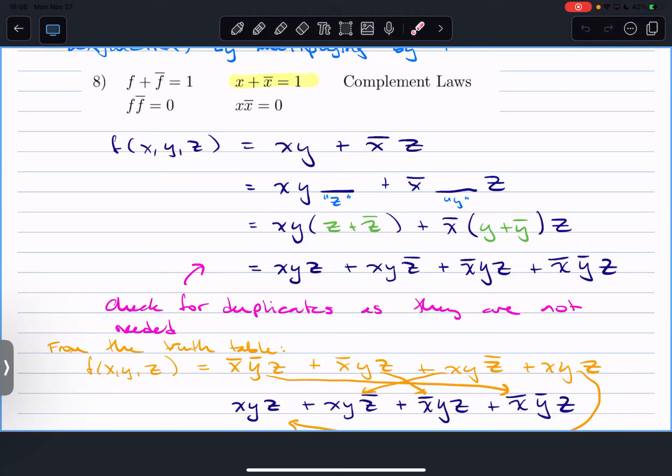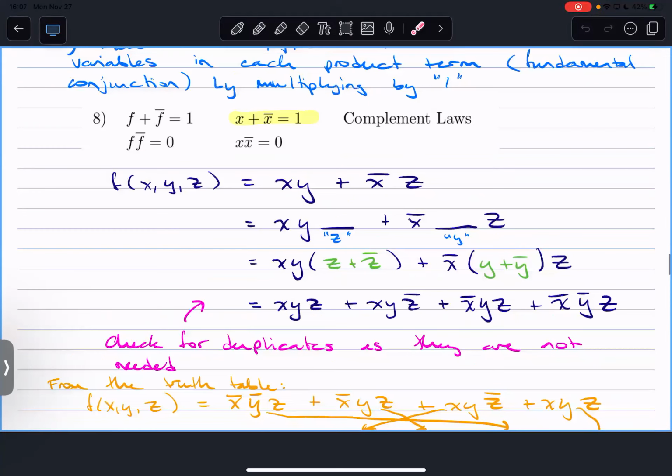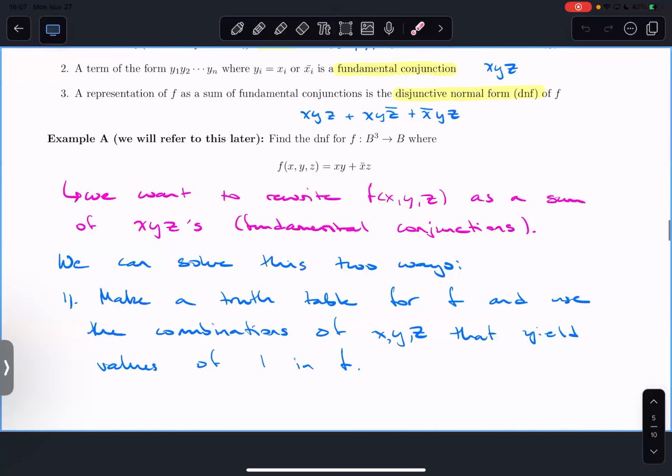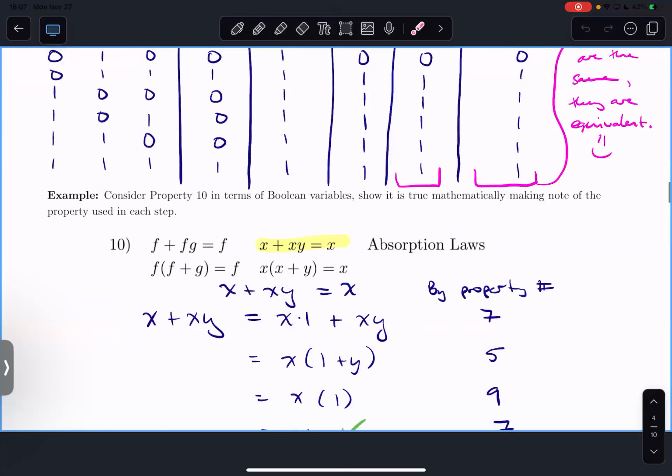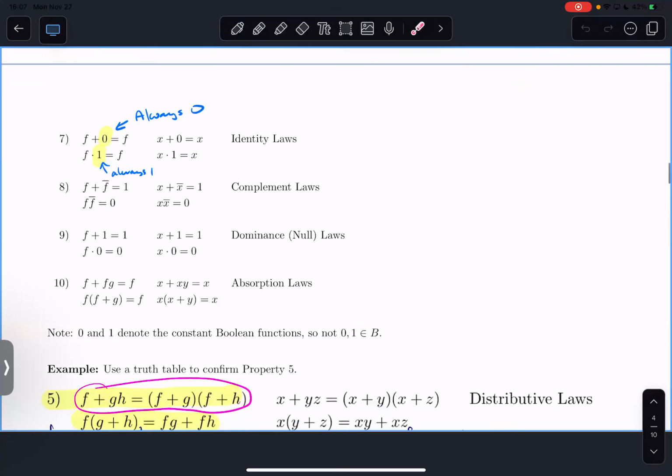If we have this function, xy plus the complement of x times z, then what we do is we make a little space for each of the missing literals, and we multiply by a convenient value of 1. We spent a lot of time talking about the Boolean algebra laws, which are on your formula sheets.